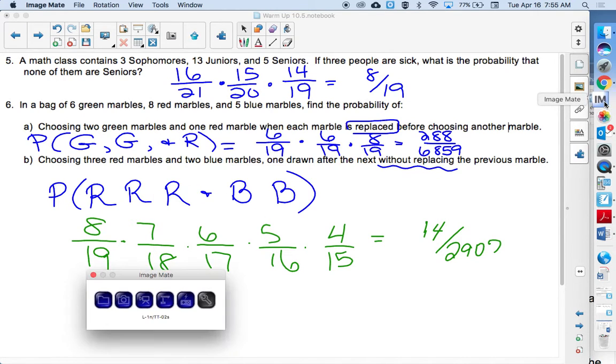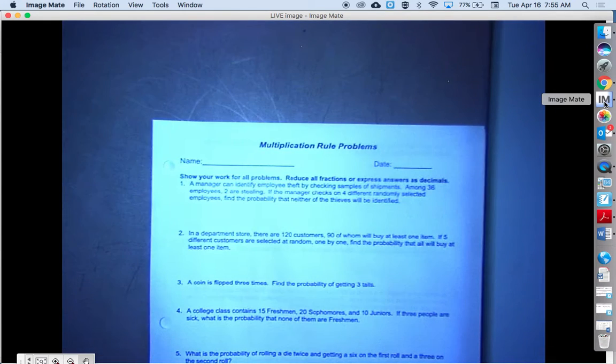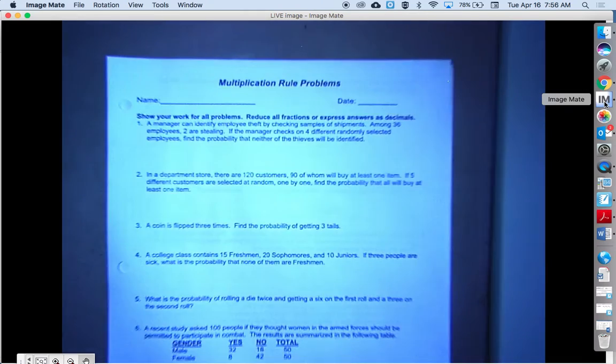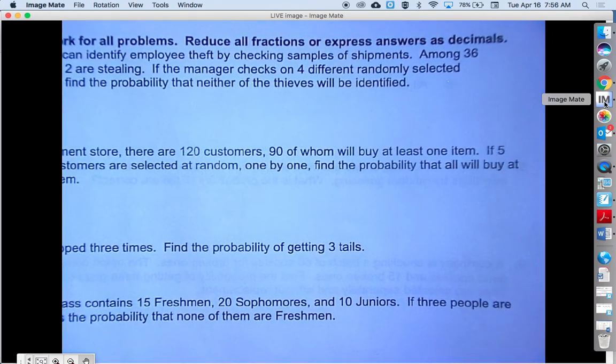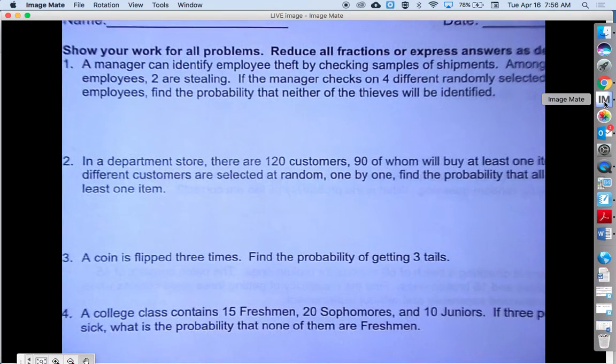Among 36 employees, 2 are stealing. If the manager checks on 4 different randomly selected employees, find the probability that neither of the thieves will be identified.